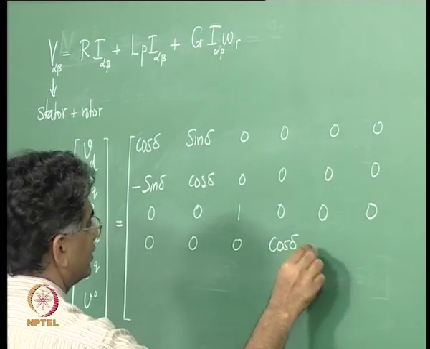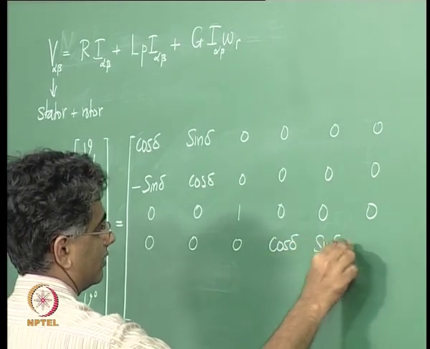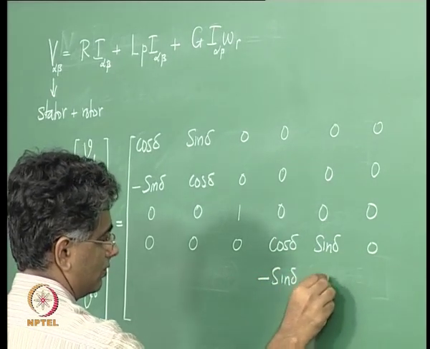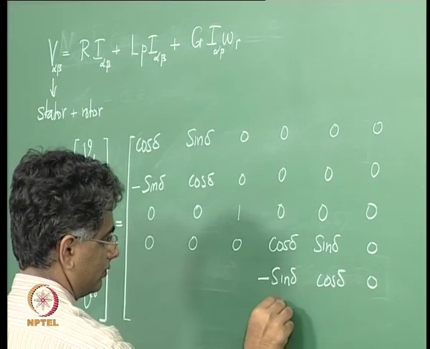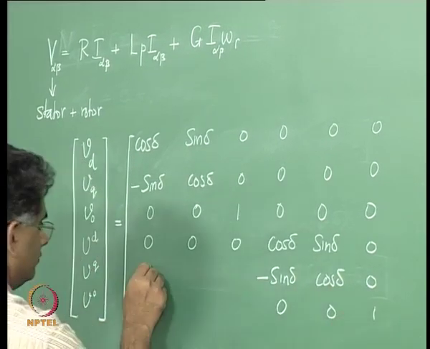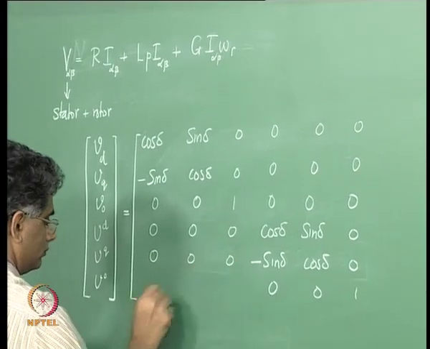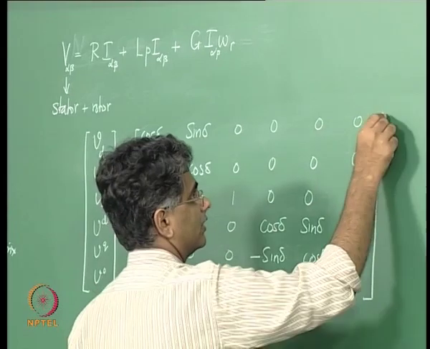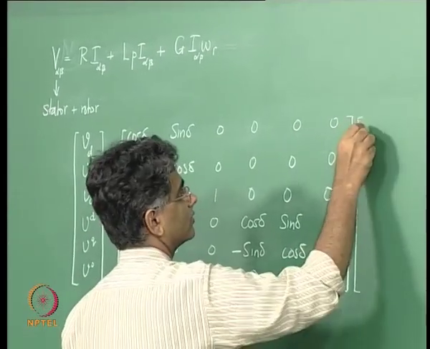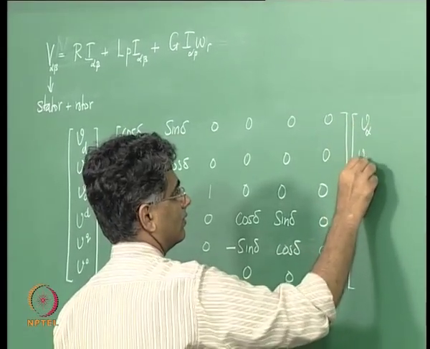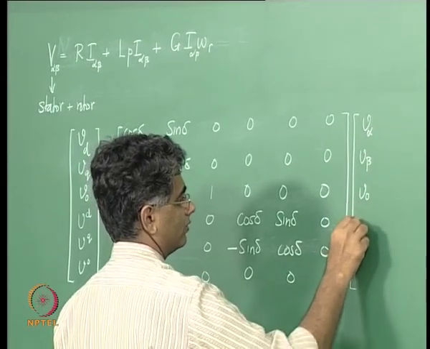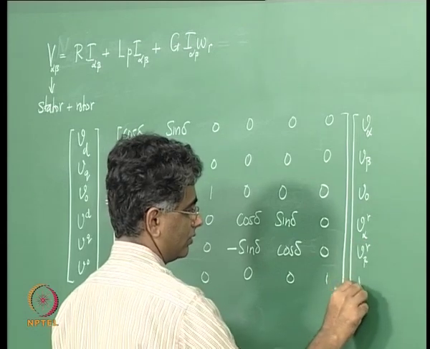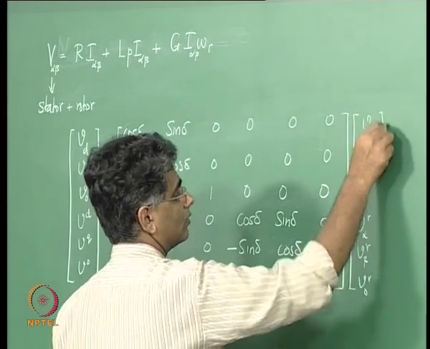Similarly, here you have cos delta, sin delta, 0; minus sin delta, cos delta, 0; 0, 0, 1. So, this is the transformation that is then used from V alpha, V beta, V 0, V alpha but R, V beta but the rotor and V 0 rotor.